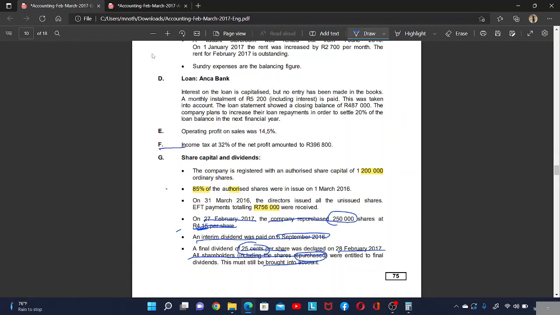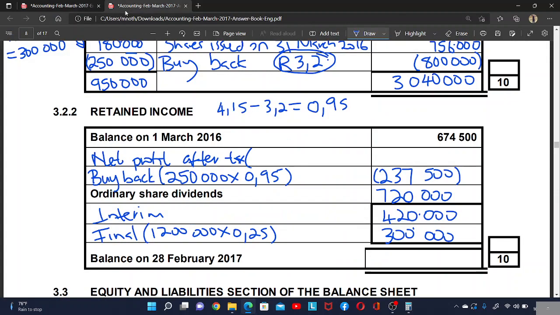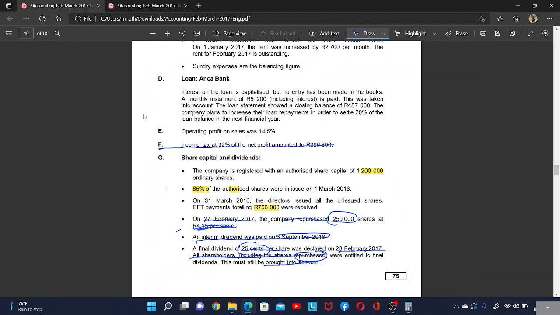But here in information F, we are given some information. Income tax at 32% of the net profit amounted to 396,800. So now we want to calculate the net profit after tax. We are told that the income tax is 32%. So below you need to put what you have, which is the income tax at 32%.